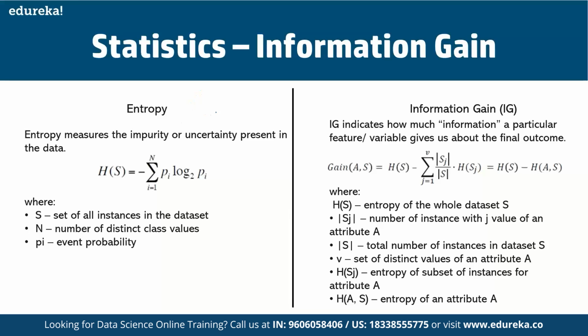Let's say I have two sets of values. I have some circles and I have some, let's say, stars. These are two different sets of data. I need to find out the probability of only the circles. I need to find out the probability of only the stars. So I need to do probability of, say, the circle multiplied by log of pi.